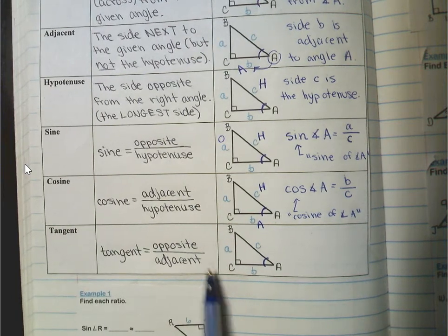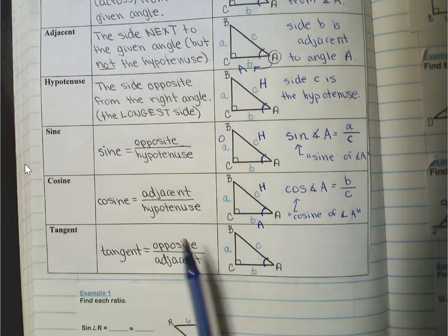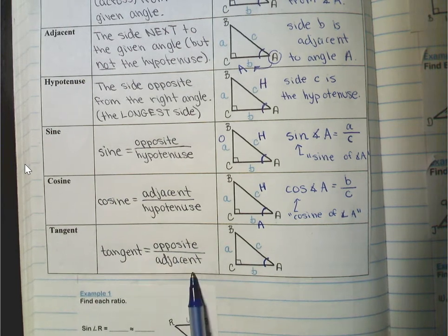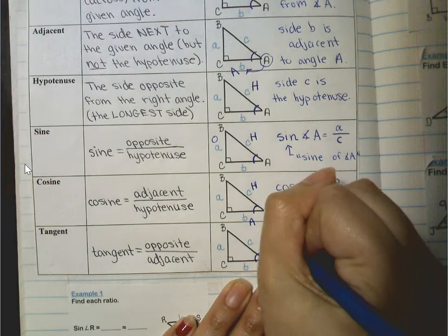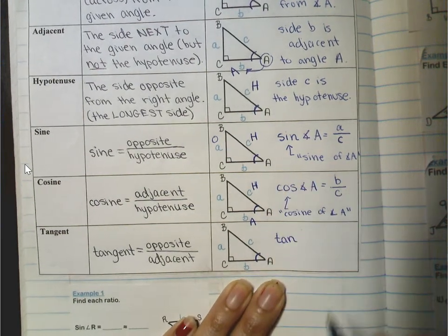And then the last one's tangent. The formula for tangent is opposite over adjacent. To abbreviate tangent, I use TAN.